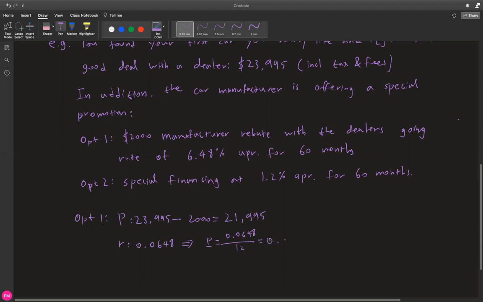And that gives you 0.0054. And the total number of installments, or total number of months that you're owing this for, is 60 months. So we now have everything we need to know.